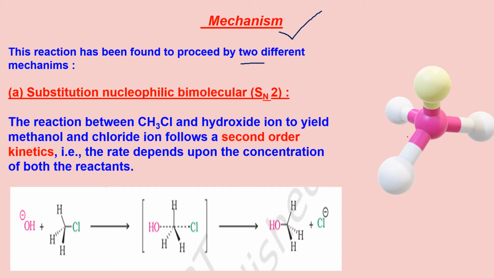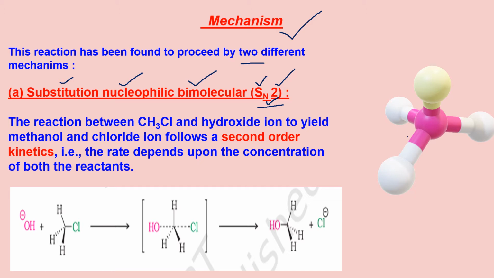So the first mechanism that I am explaining is substitution, nucleophilic, bimolecular. And we write the symbol SN2 for it. S for substitution, N for nucleophilic, and bi means two. So 2 for bimolecular.